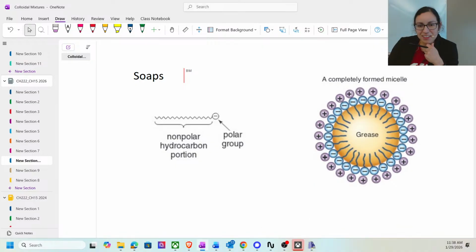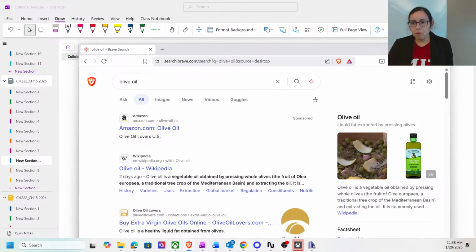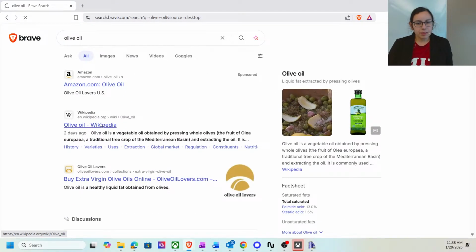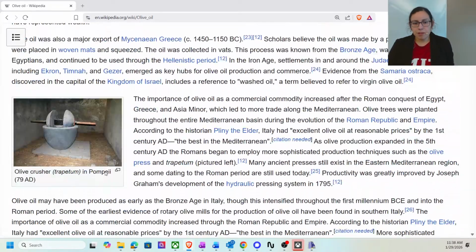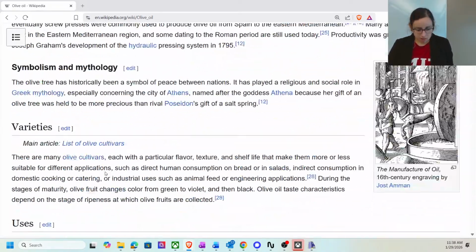There are always fun facts. So now let's look at soap and how soap is made. We'll probably talk about soap a little later, but soap involves a saponification reaction.